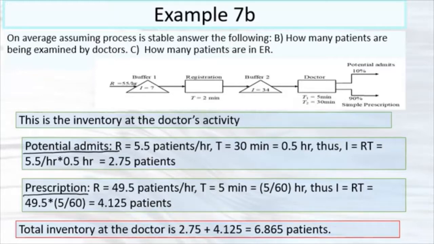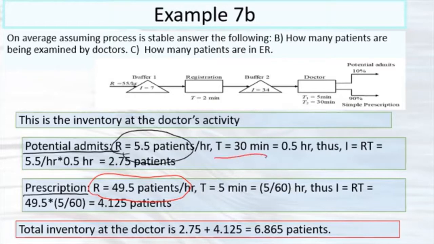Each one of them is going to come at a different R. Remember, for potential admits, they're 10% of 55. So we multiply 0.1 by 55, we get 5.5. While for prescription, we get R equals 49.5, which is 0.9 times 55.